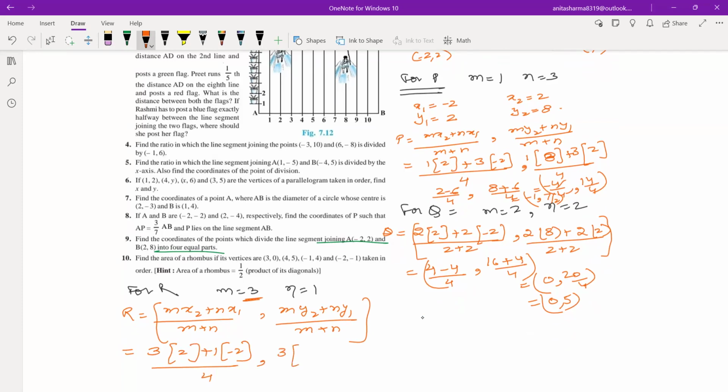And then 3 into y2 is 8 plus 1 into y1 is 2, again 4. Now 3 2s are 6 minus 2 by 4, comma 3 8s are 24 plus 2 by 4. So 4 by 4, 1, beta, and 26 by 4 it will be 13 by 2. All have got the same answer? Yes, ma'am.